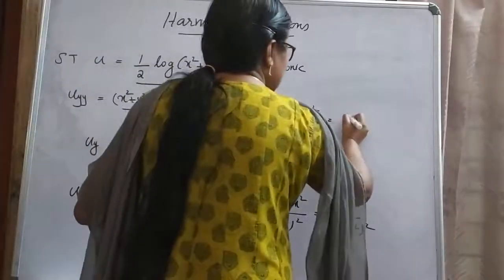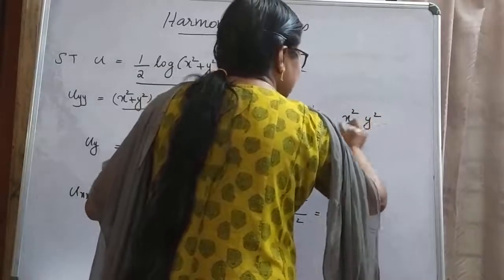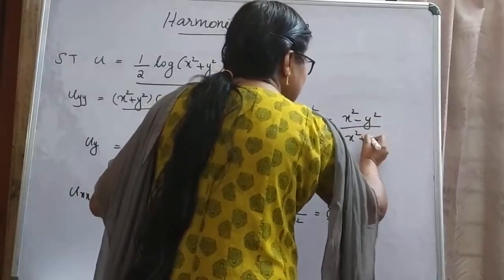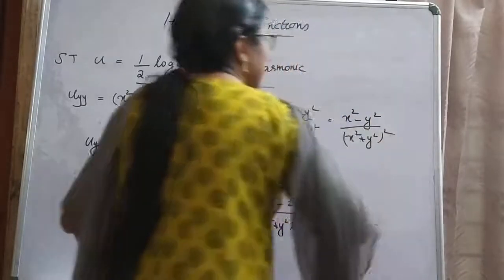Here it is x square minus y square by x square plus y square the whole square.